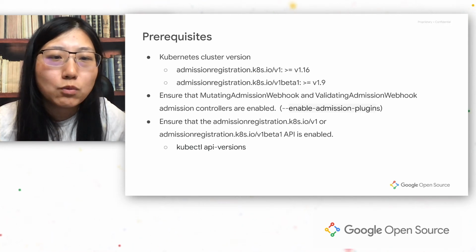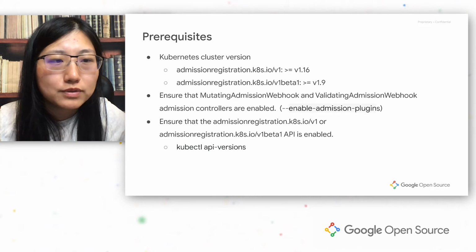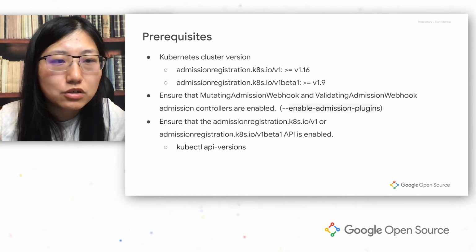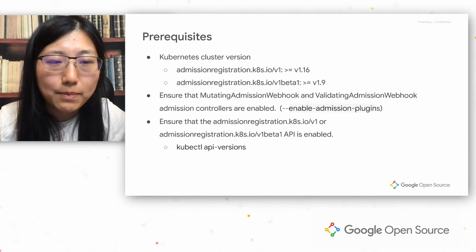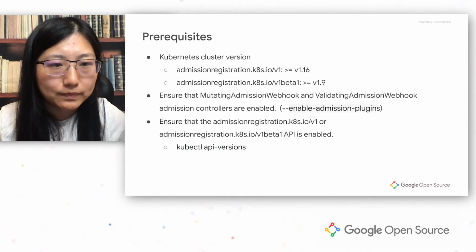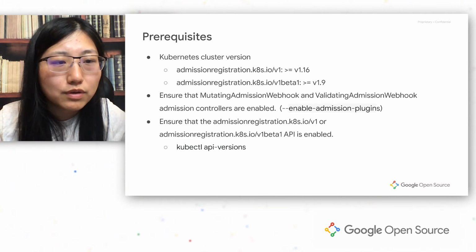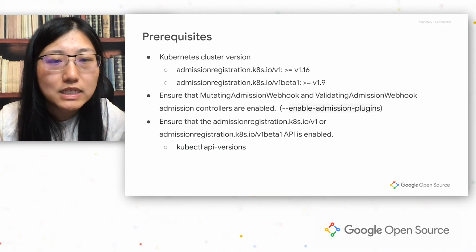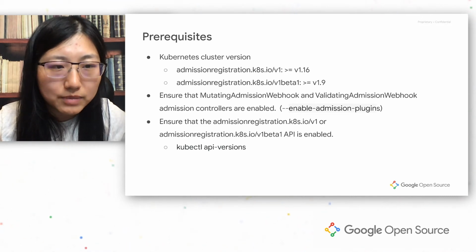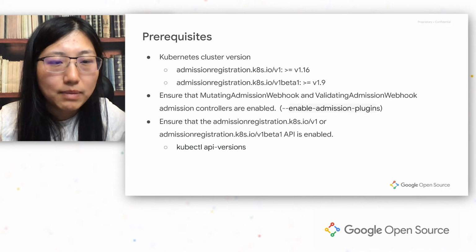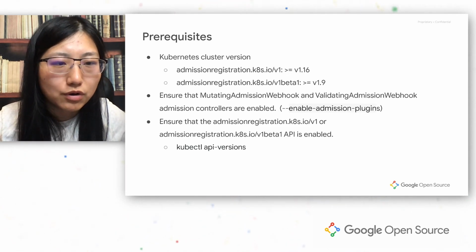It has to be at least v1.16 for using admissionregistration.k8s.io/v1, and it should be at least v1.9 to use admissionregistration.k8s.io/v1beta1. And we also have to ensure that the MutatingAdmissionWebhook and ValidatingAdmissionWebhook admission controllers are enabled by the flag we talked about earlier. And also, we should ensure that the API is enabled.